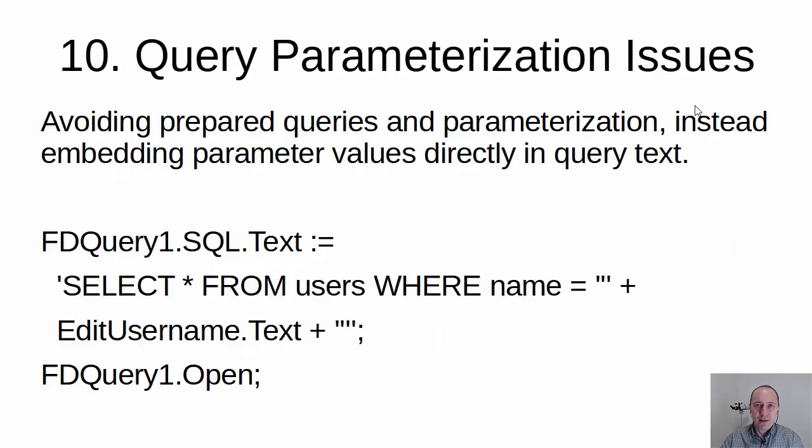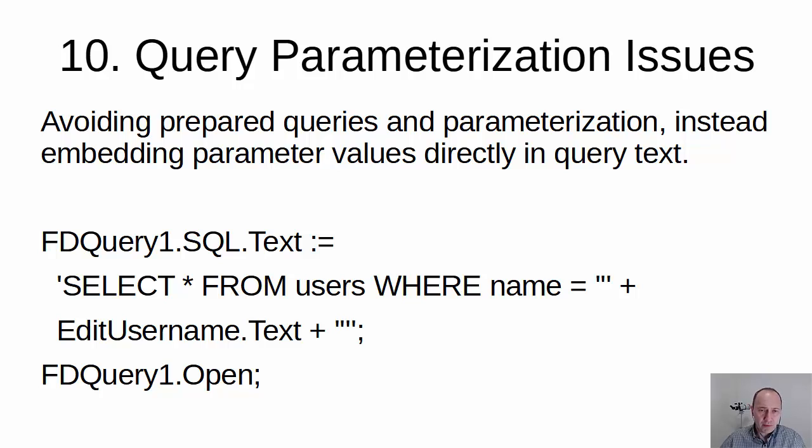And number 10, as we have discussed in using LIKE: many developers embed the text of the parameters in the query. For example, in this simple example, you can write a select where name equals, and put the exact value of the parameter for the name.